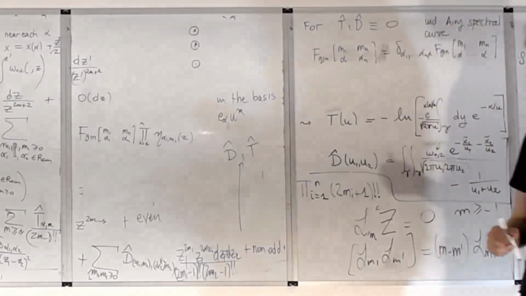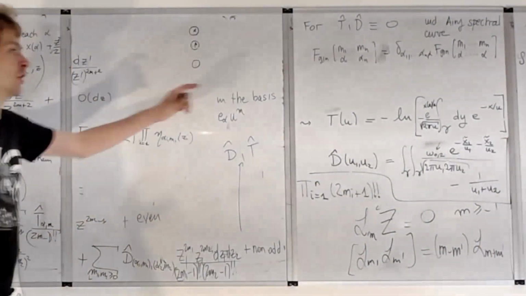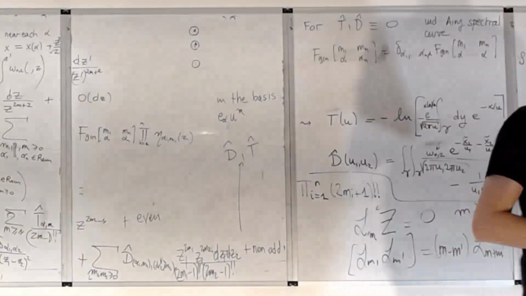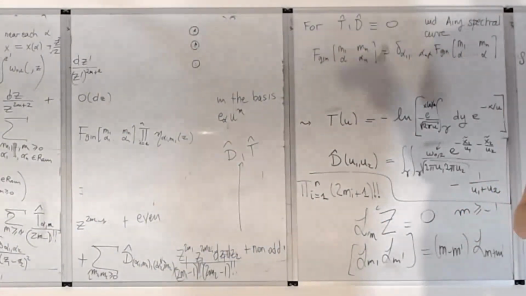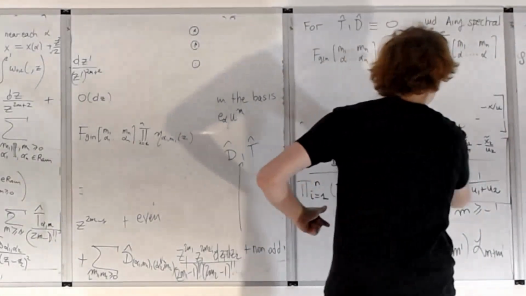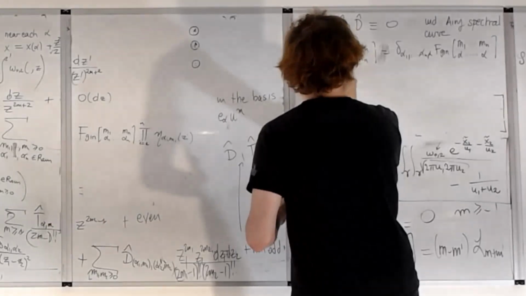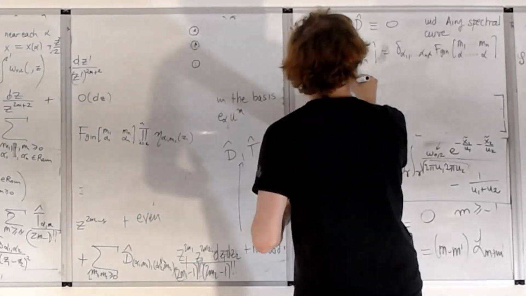So it just means that your TR partition function, since there's no cross term when the alphas are different, is just the product of the partition functions you have for Airy. So Z TR, I write Airy times ramification.